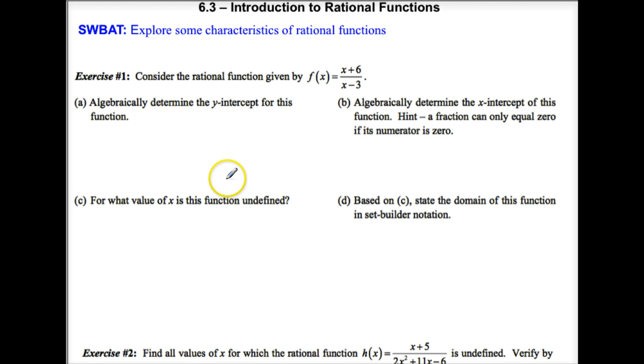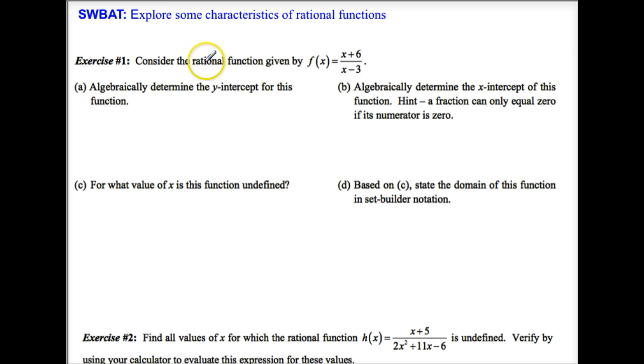So our first example that I want to look at today is to consider this rational function given by f of x is equal to x plus 6 over x minus 3. Algebraically determine the y-intercept. So what we need to remember is that your y-intercept is when your x value is equal to 0. Another way I can rewrite this, remember f of x is the same thing as writing y.